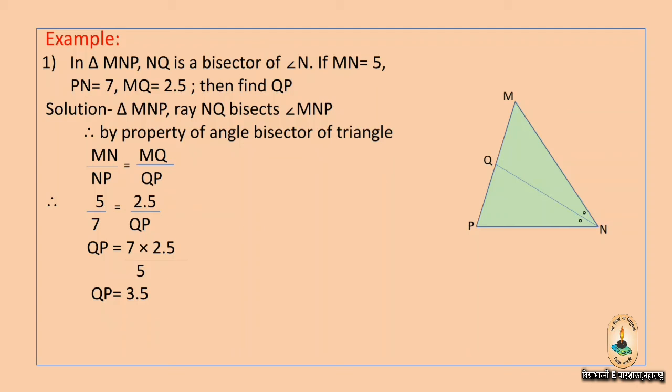Therefore, QP equal to 7 into 2.5 upon 5. Simplify this, we get QP equal to 3.5.